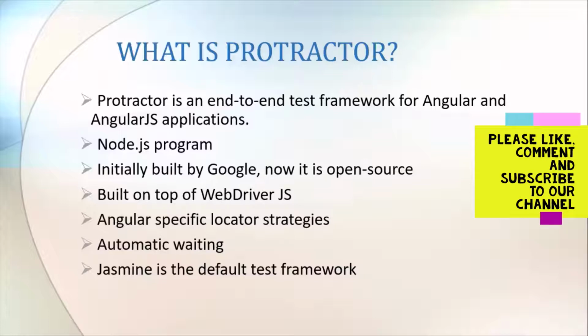Protractor will automatically wait for your application or your part of the application to load before it goes ahead with the script, right? So you don't need to put any additional wait mechanism in your script to handle those synchronization issues within your application, right?